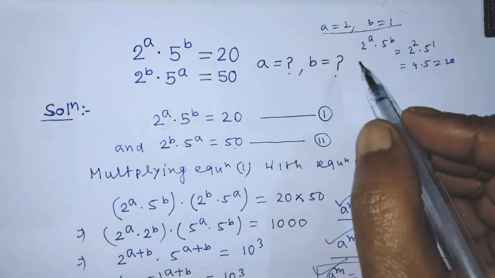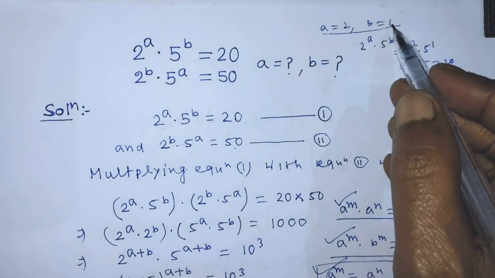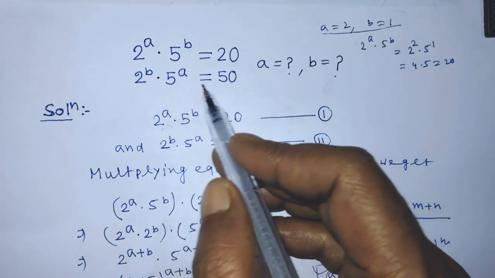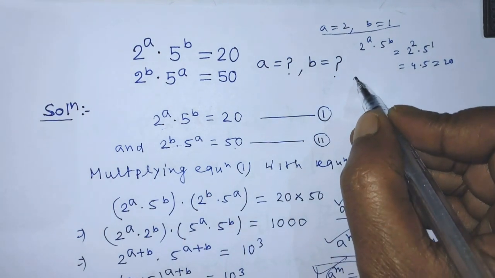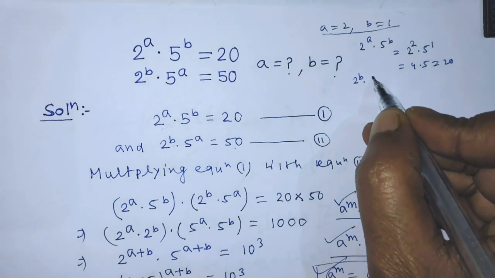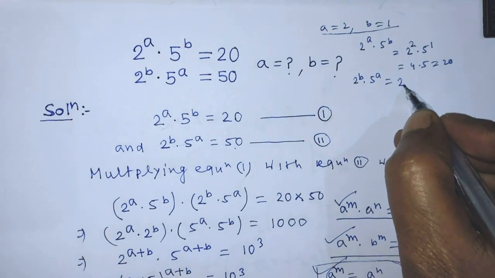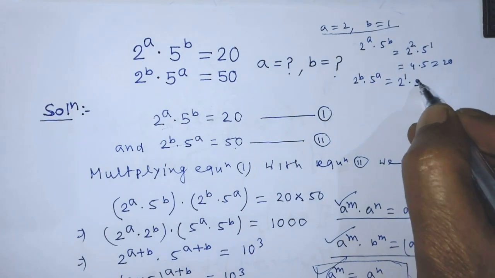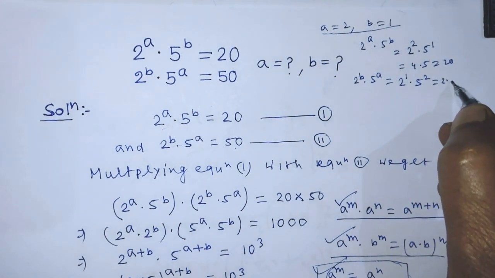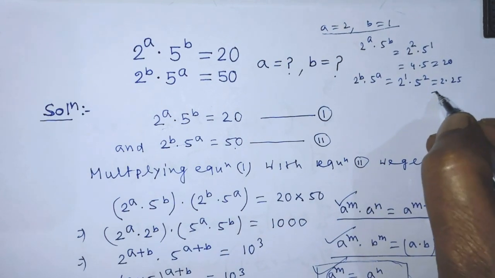Okay, and again you have to put the value of a is equal to 2 and b is equal to 1 on the left hand side of this second equation. Left hand side of the second equation is 2 to the power b times 5 to the power a. So we can write 2 to the power 1 times 5 to the power 2, that is 2 times 25, that is 50.